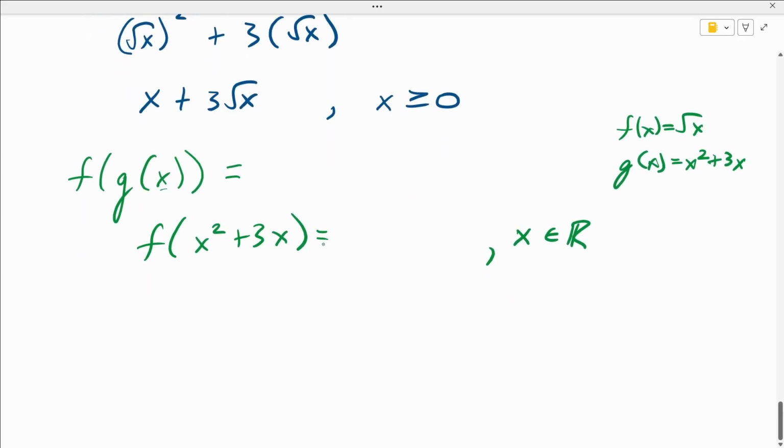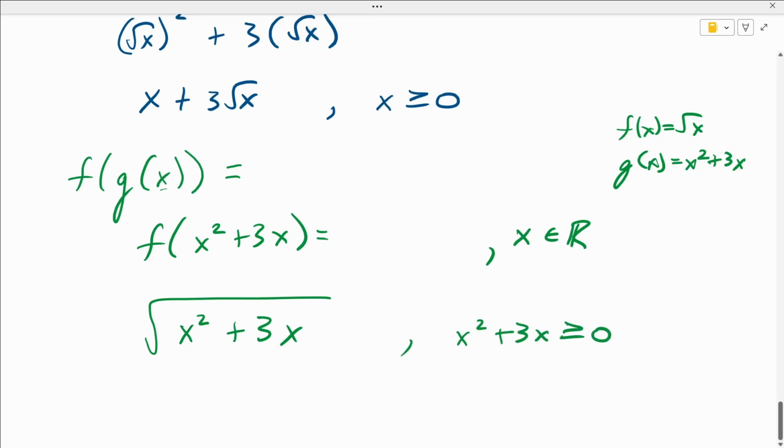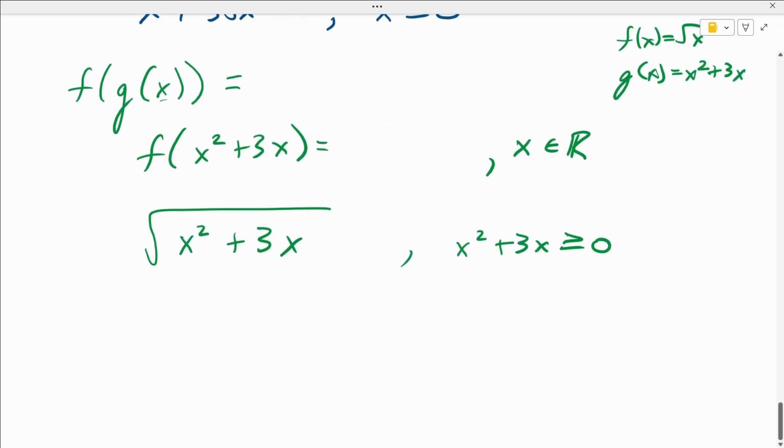So this here then is the square root of x squared plus 3x. Now we have a restriction that's a little bit different from the first case. Here, our restriction is that x squared plus 3x has to be greater than or equal to 0, right? Because you can't square root a negative. But this is going to give us a different restriction than we got before.